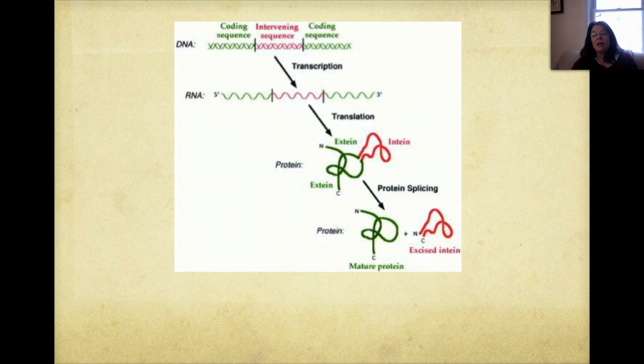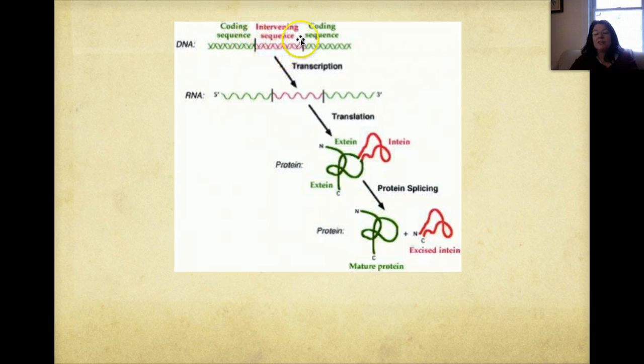So in this slide, what we have is sort of a summary of what's going on so far in terms of our protein processing. Up at the top of the slide, you can see a representation of the DNA double helix, and they're showing us that we've got a coding sequence here, or what would be referred to as an exon.